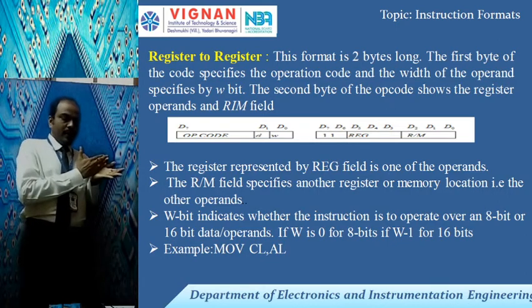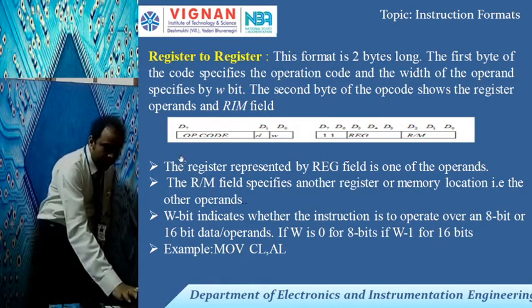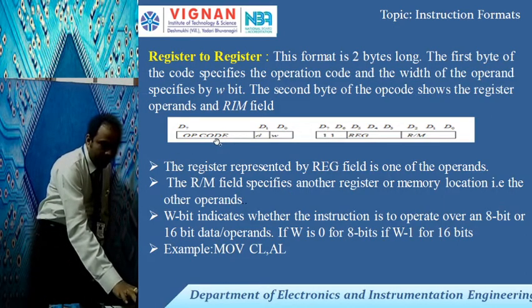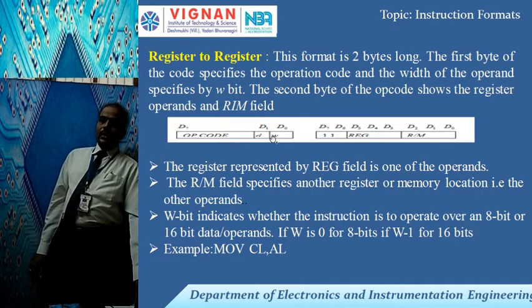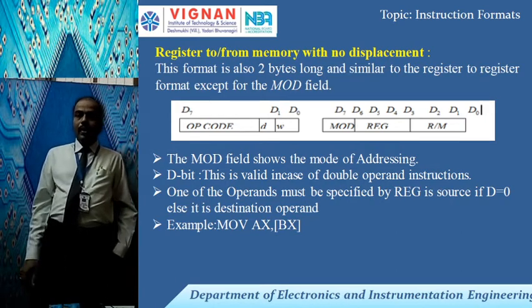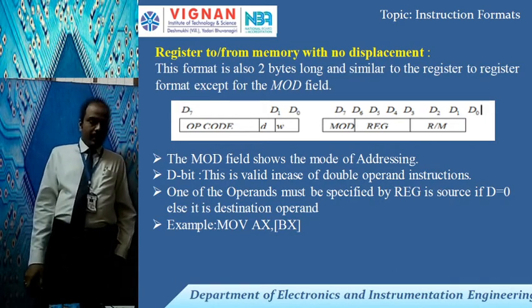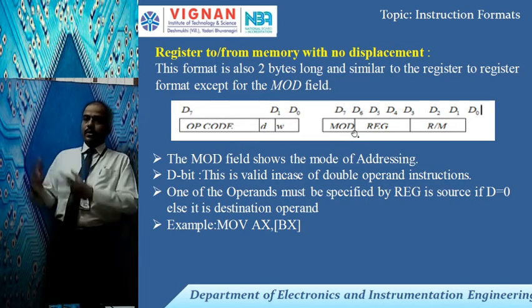So, for example, first we will go through this particular format. The first byte indicates the opcode as well as the width, that is the W bit, which indicates whether data is 8-bit or 16-bit. The second byte contains the register field. Here the MOD field shows the mode of addressing, that we will discuss in the addressing modes.